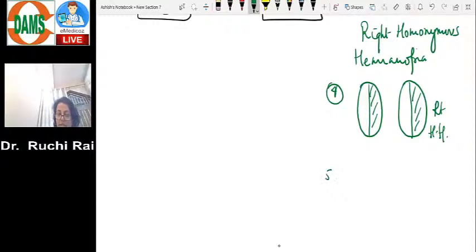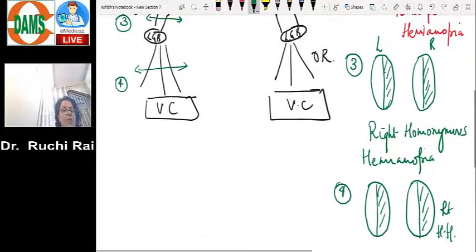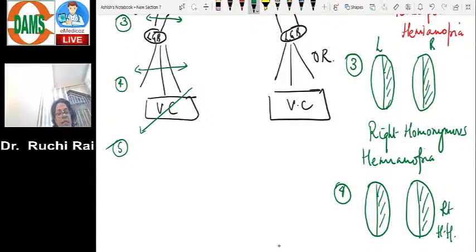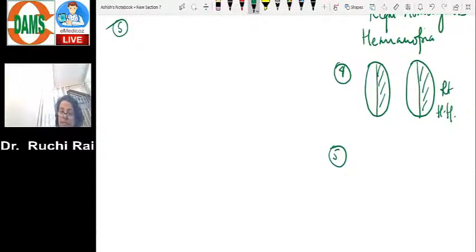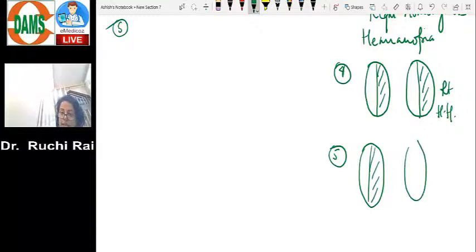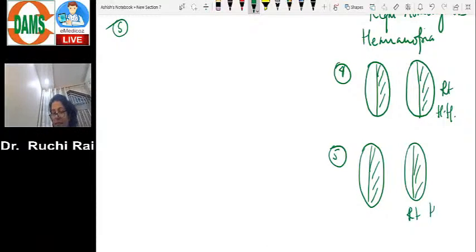Okay, keep learning along with me. And what about number 5 lesion? We are talking about the visual cortex. Any lesion in the visual cortex again is going to lead to the same right-sided defect, because I have taken the example of all left-sided lesions. I will say right-sided homonymous hemianopia.